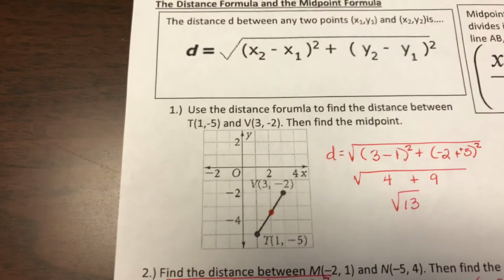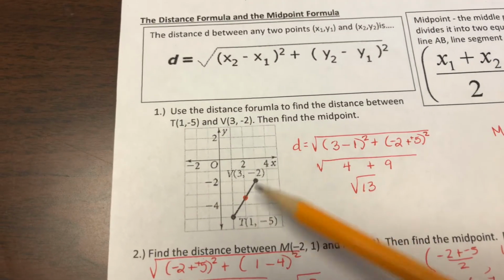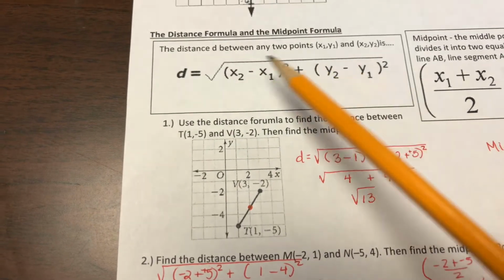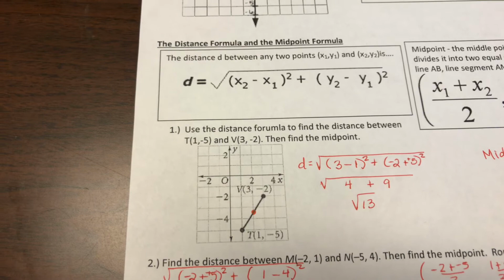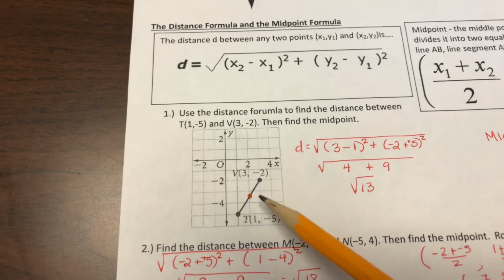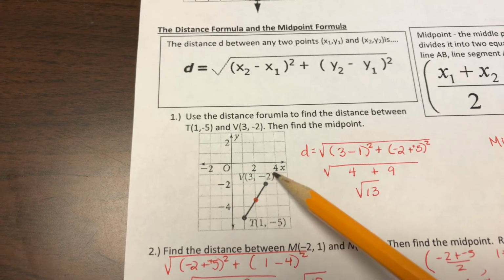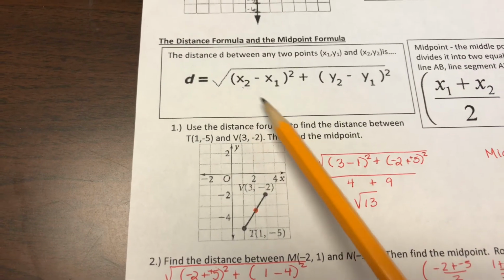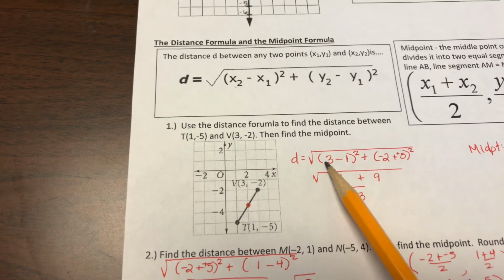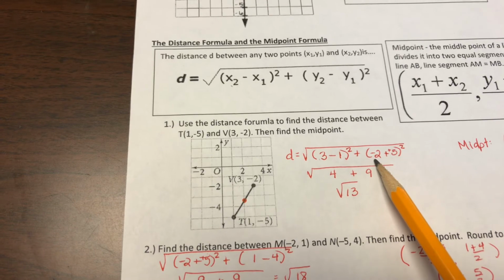Okay, in this first problem here, they want us to find the distance between these 2 points. Using the formula, I'm going to plug in these coordinates. I want you to notice that one of my points, point V, has an x-coordinate of 3 and a y-coordinate of -2. So the x-coordinate is 3, I've plugged that in there, and the y-coordinate is -2, I've plugged that in there.